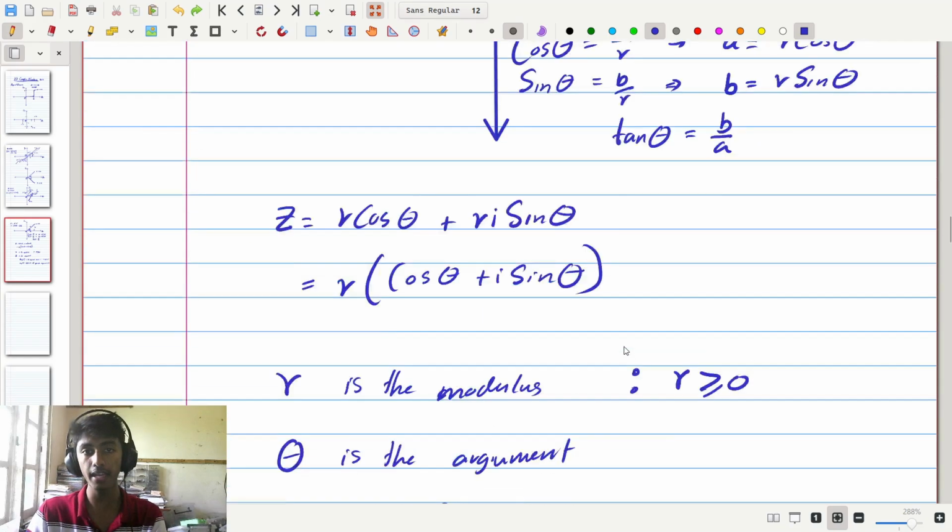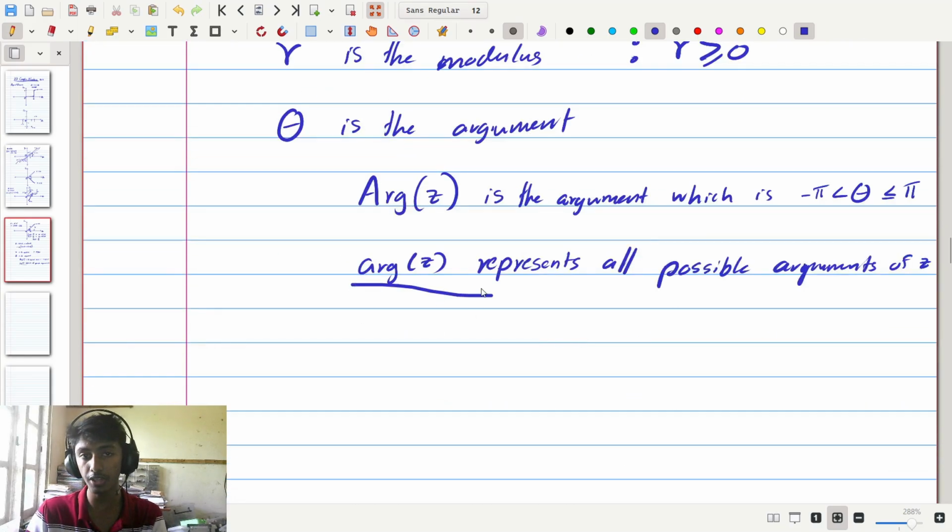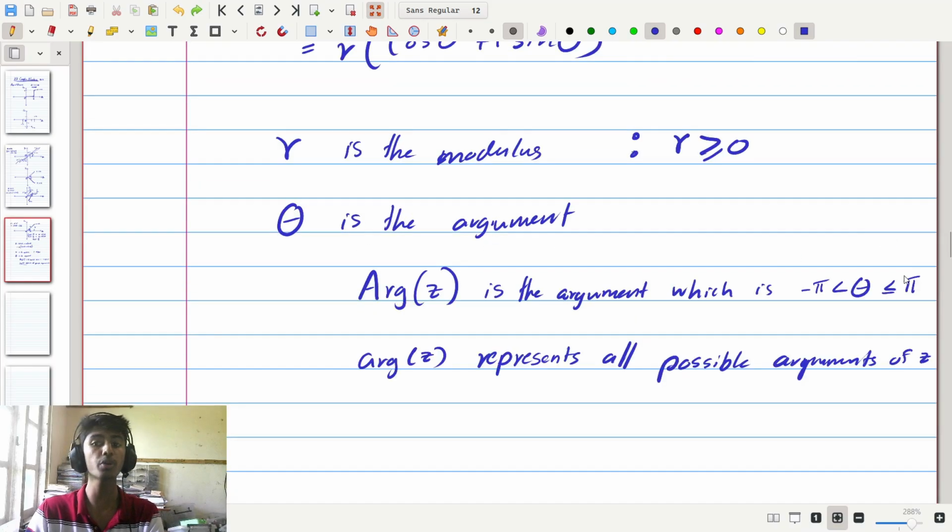All of those angles are represented by simple ARG of Z, but if we want the one angle that's in between negative pi and pi, we get capital ARG of Z.